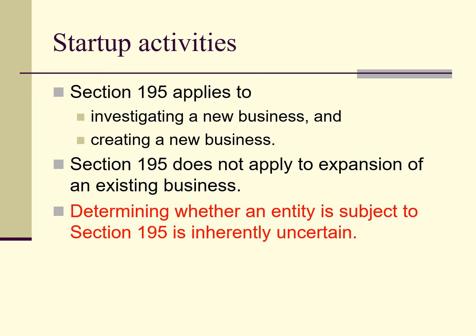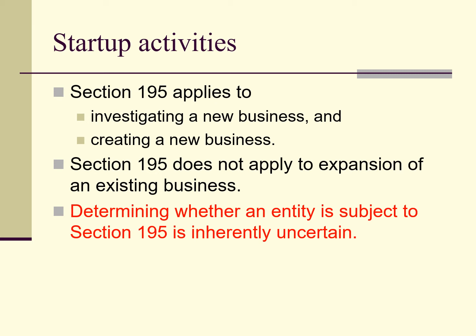Whether there is a new business or the expansion of an existing business is based on facts and circumstances. The determination is based on individual judgment. Accordingly, reasonable people can disagree as to whether or not an entity is subject to Section 195.